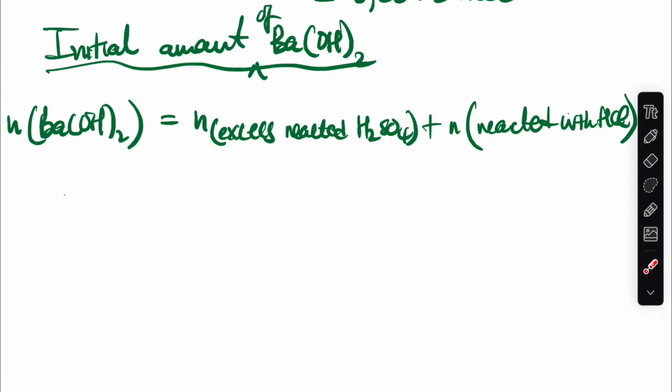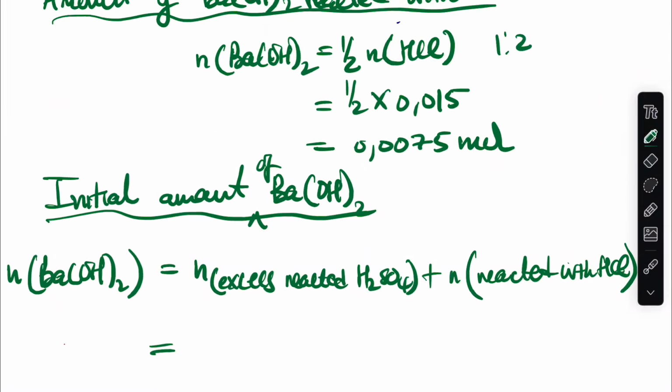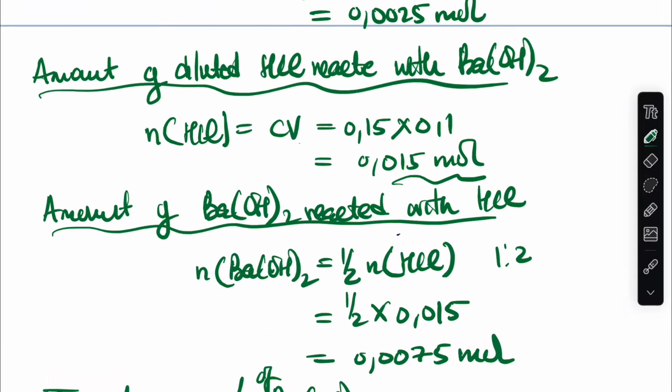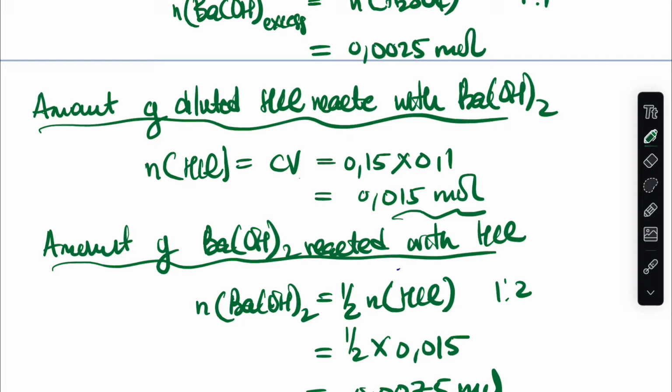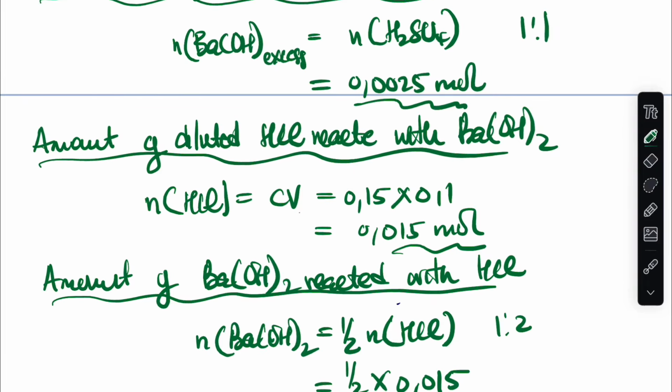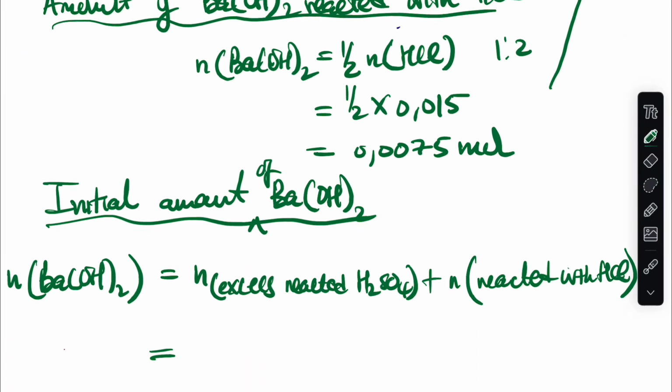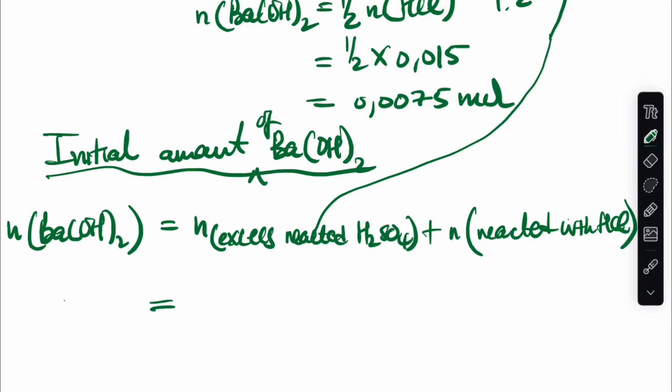So this amount is the one that reacted with the HCl. The excess is this one, so we're going to take this amount to here.